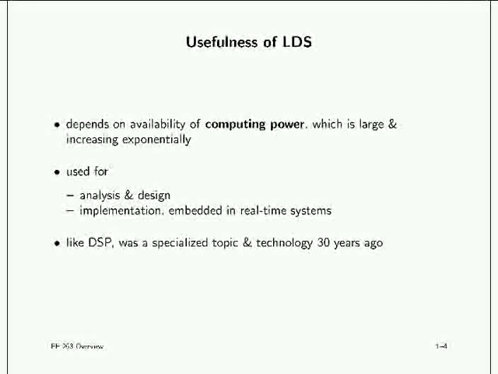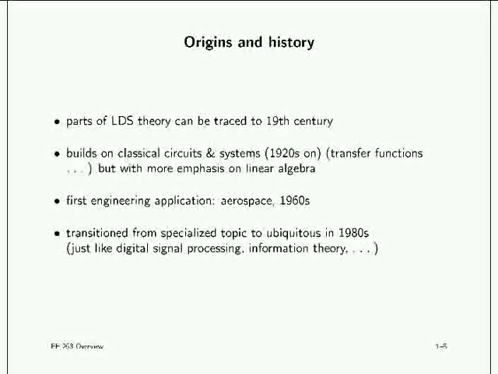It is an undergraduate class. It's in all electronics and so on. I think the same thing is going to happen with linear dynamical systems. That's really happening now. It is transitioning from, in the 60s, an esoteric advanced topic that you would use to guide missiles, to something that's basically in all the electronics around you. That's the way I see this material, the trend here, and why it's interesting.